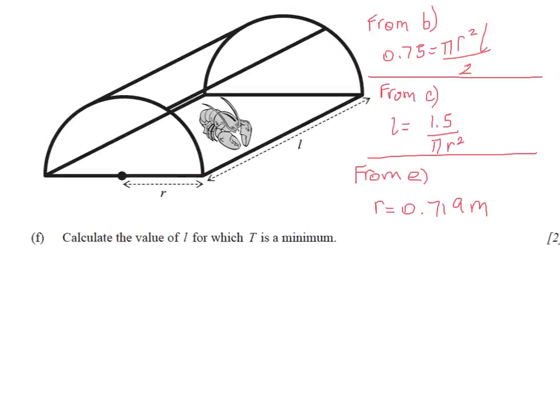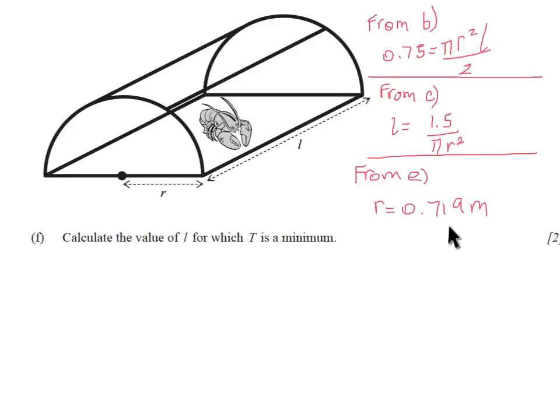Okay, so at this point, when they're asking for the value of L for which T is a minimum, you're going to have to look back at all the work you've done so far. So we just figured out that our value of 0.719 will give us a minimum T. And from question B and C, we figured out a relationship between L and R. So I will repeat just in case you missed that.